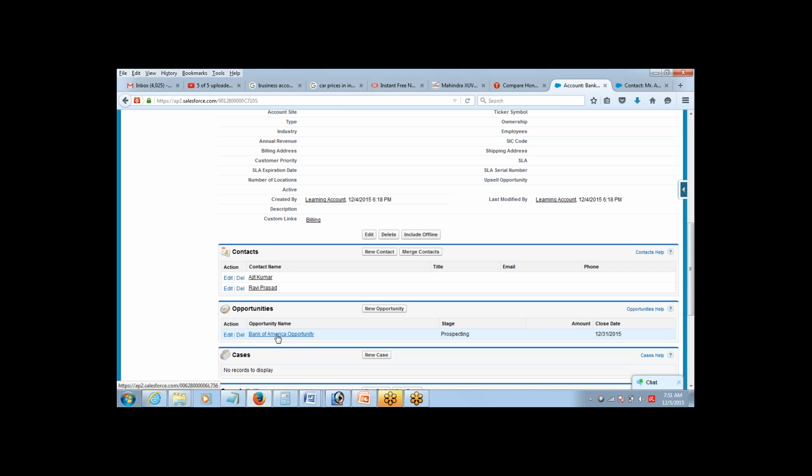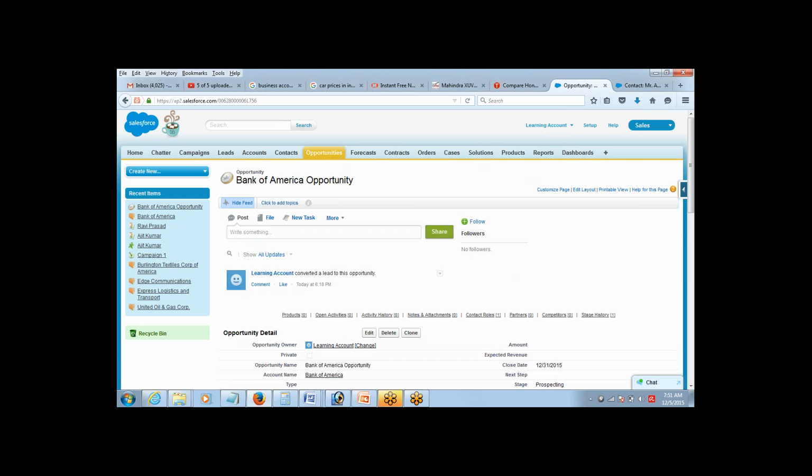So all this information also needs to be tracked, that the customer is planning to buy in February so that we can plan our revenues accordingly, and the customer is planning to buy 50,000, so that we can plan other activities like manufacturing and delivery. We can think about whether we are able to deliver 50,000 in February or not. So that sort of thing, right? So this information is going to get stored under opportunities. So opportunities is where business related information, revenue related information is going to get stored.